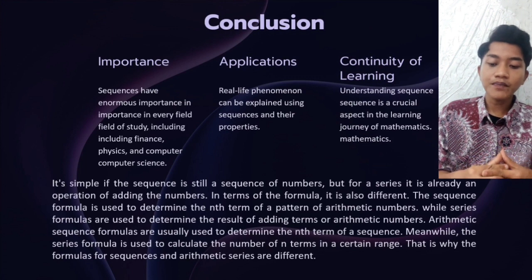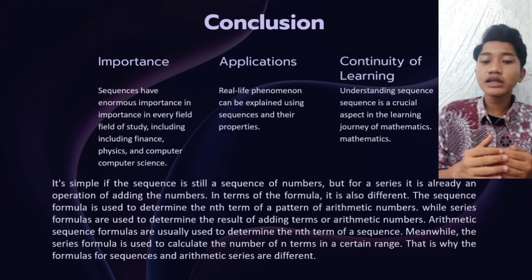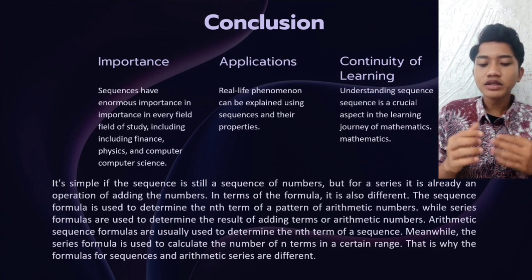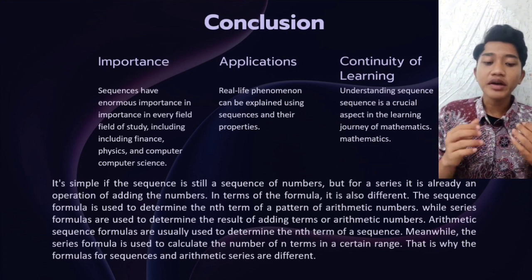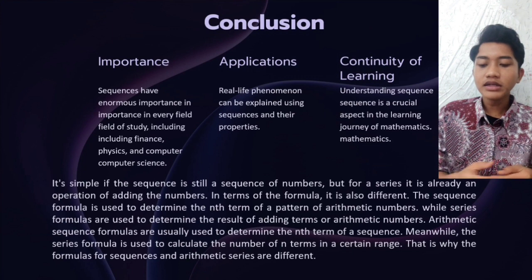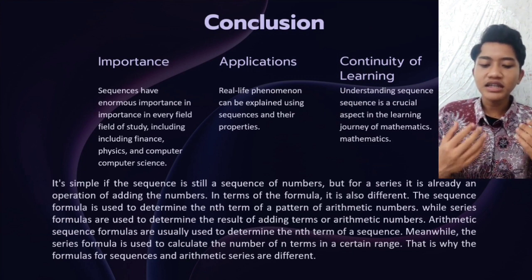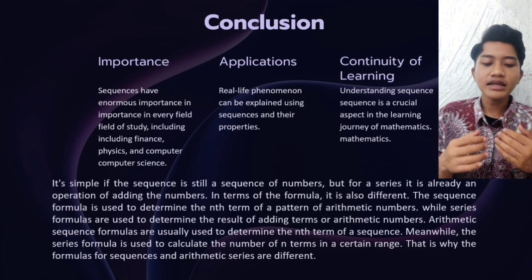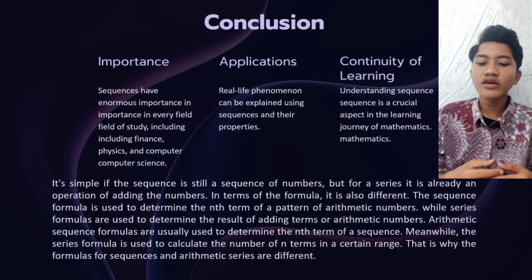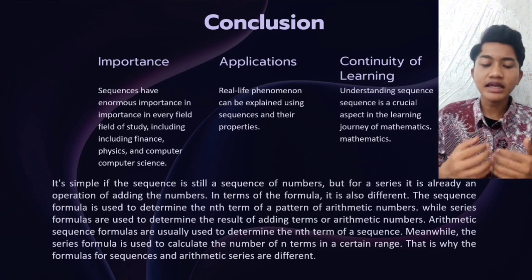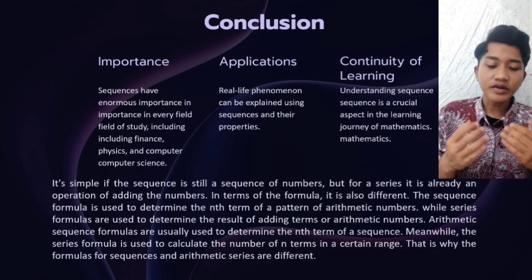Arithmetic sequence formulas are usually used to determine the term of the sequence. Meanwhile, the series formula is used to calculate the sum of n terms in a certain range. That is why the formulas for sequence and arithmetic series are different.